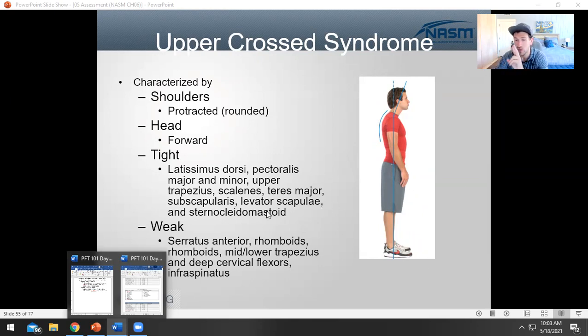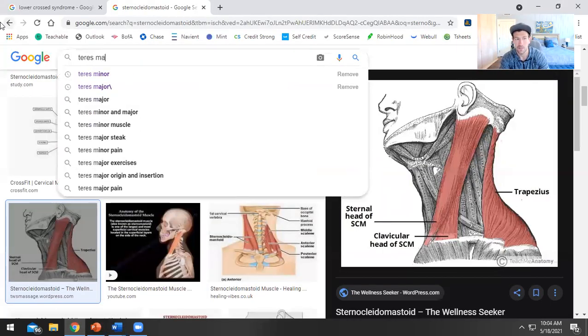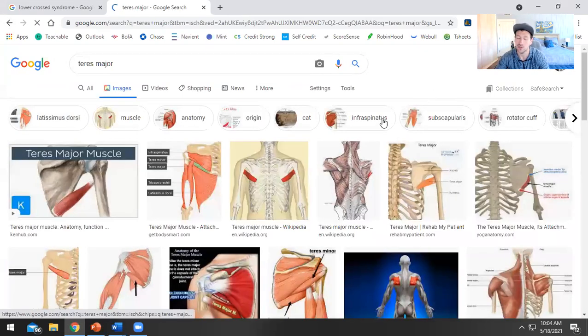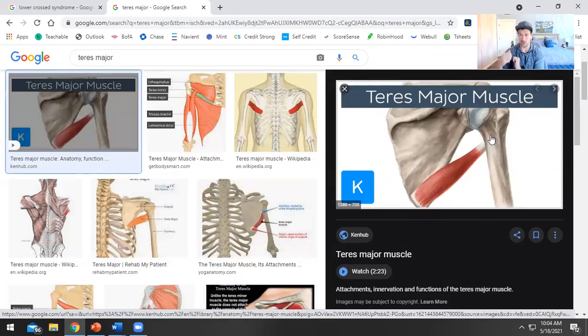Now, there are two rotator muscles that are also causing this. It's going to be your teres major, which is working with your pec, with your lat to internally rotate. You can see it runs from your scapula, grabs to the front of the arm, and so it pulls it inward like that.